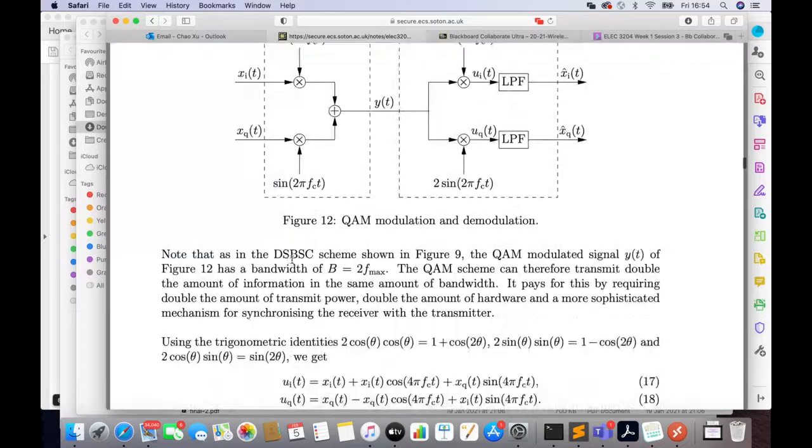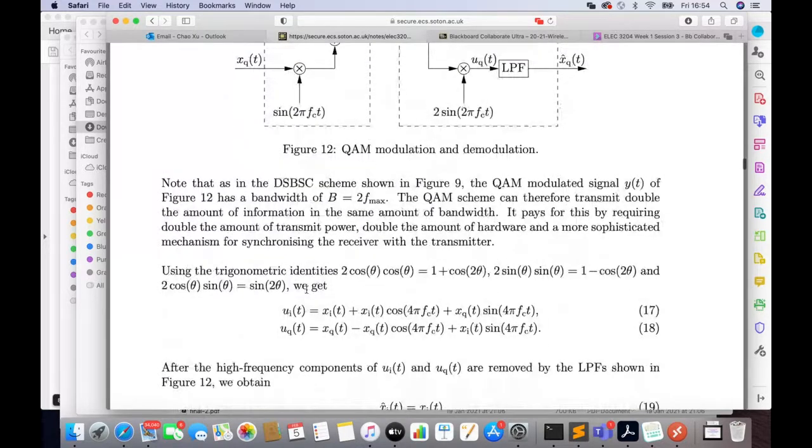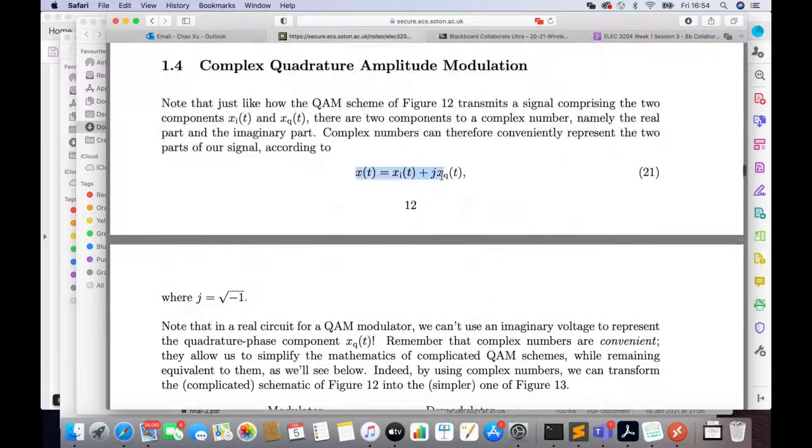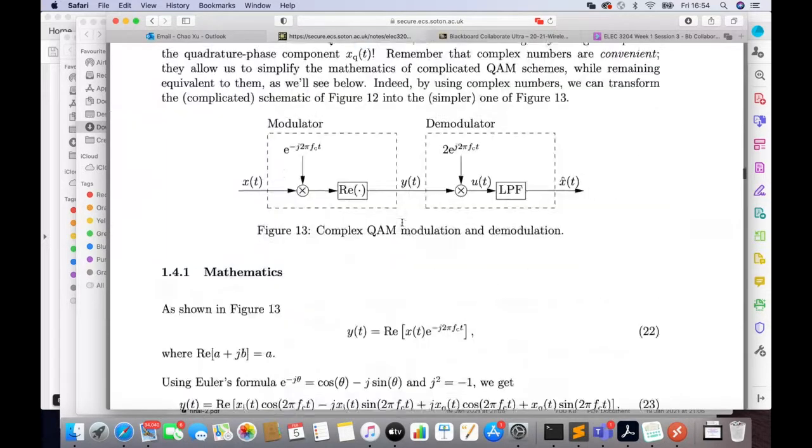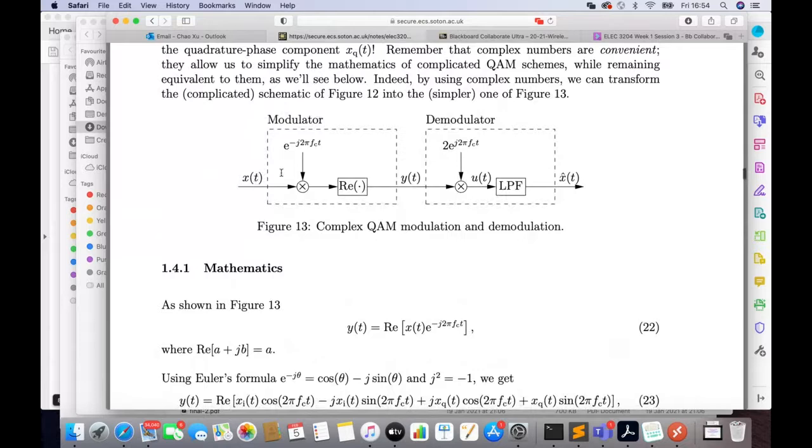The reason I mentioned QAM is that QAM is often represented by complex value. In reality, we only have real-valued signals, but here we can represent QAM by complex value, and from the beginning to the end we get the same result.